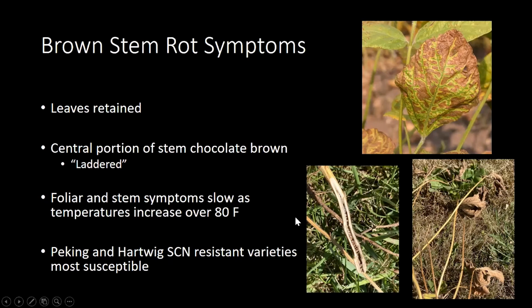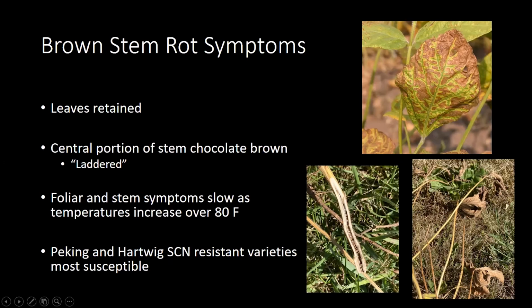So if you see that you have a particular cultivar that's susceptible, you might want to think about switching into a different cultivar next year and look at the source of resistance as well as rotating. I'll have some information on management later, but really today I want to focus on diagnosing or identifying these in the field so that you can make management decisions the next year.